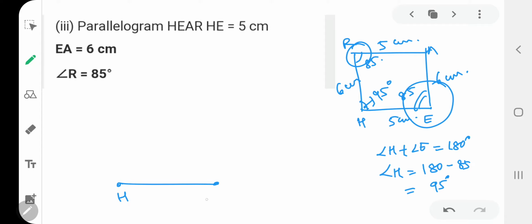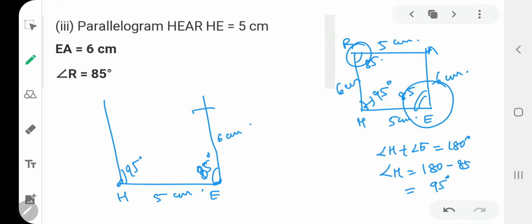Do HE first of 5 centimeter. On H make 95. On E make 85. From E take a cut of 6 centimeter. From H also take a cut of 6 centimeter and join these. And you can name it as A and R here. Got my point clear? So this is your required figure.